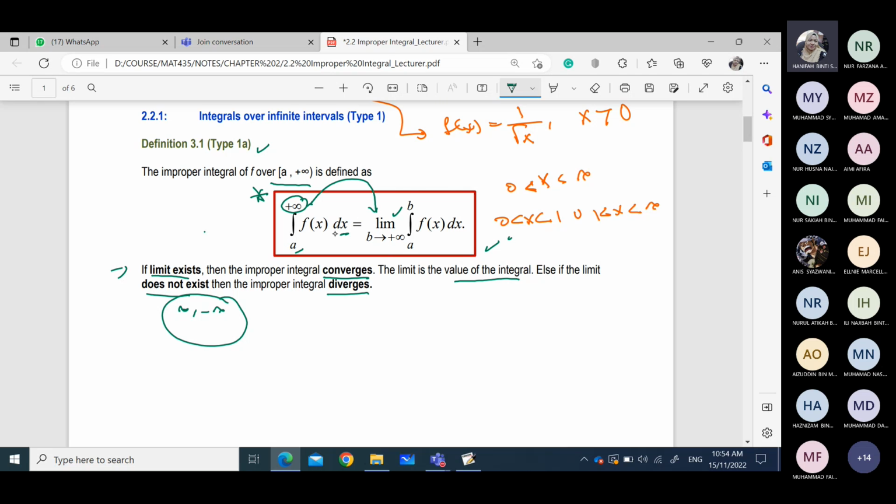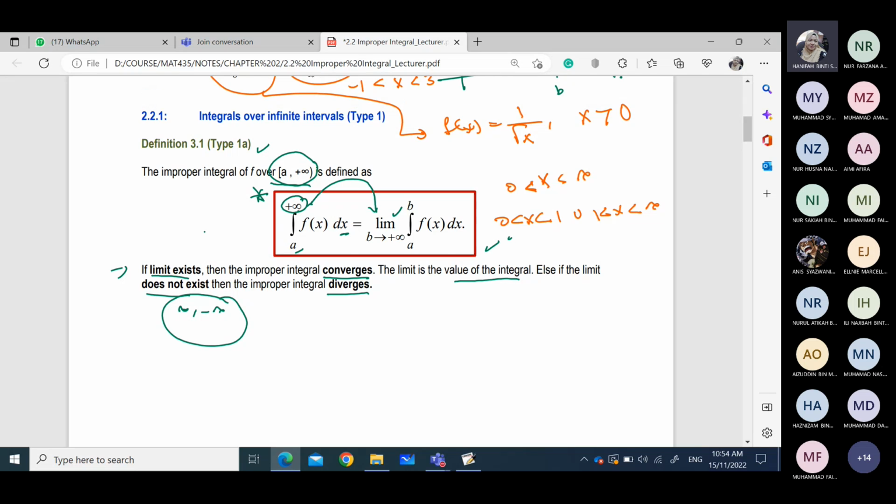Okay, since the interval for this integral, or for this function, is a to infinity, the values of infinity we do not know. What is the value of infinity? We don't know. So the meaning of this interval is that the values of x are approaching infinity. If you want to see how the value moves, this one is a.